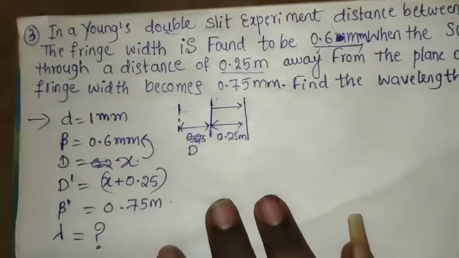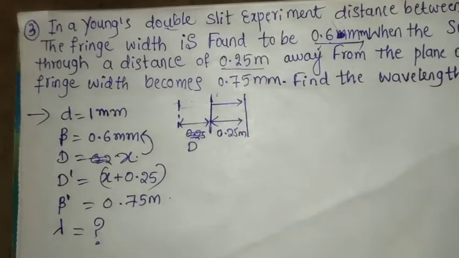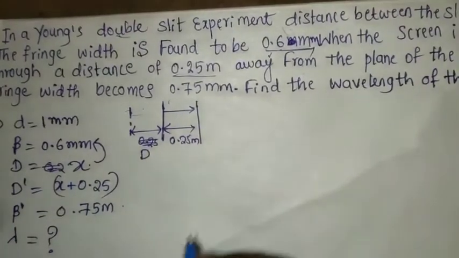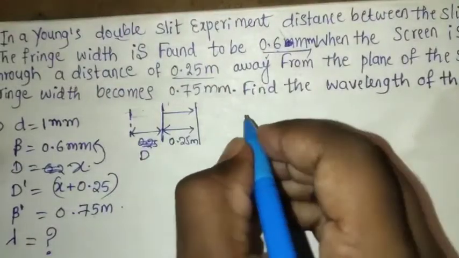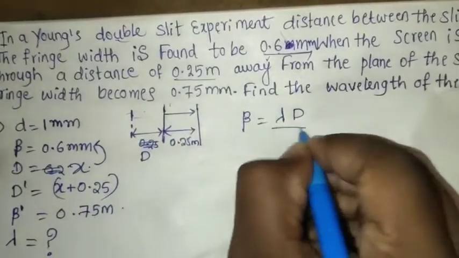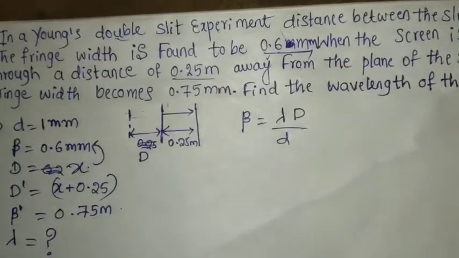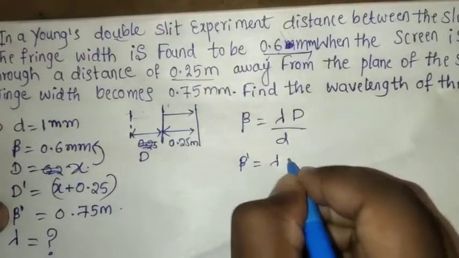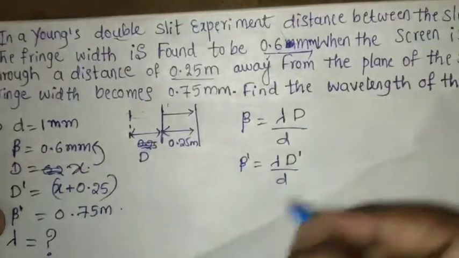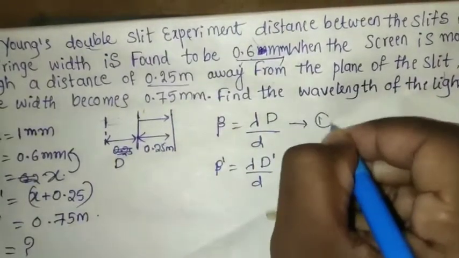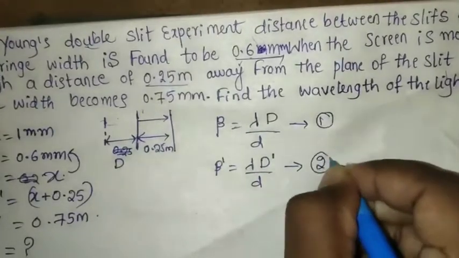This is one of the very important questions which has appeared in board exams in many years. Now we will solve this problem. Initially, beta equals lambda D by small d, and next beta dash equals lambda D dash by small d. Lambda D by d is equation 1 and this is equation 2.